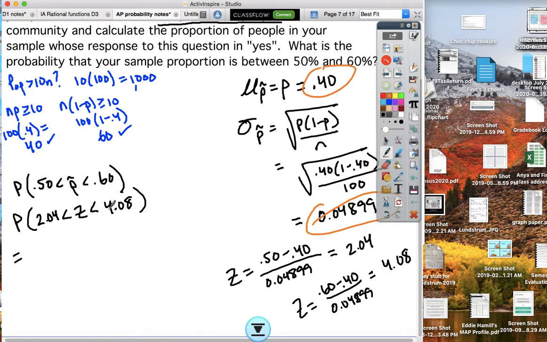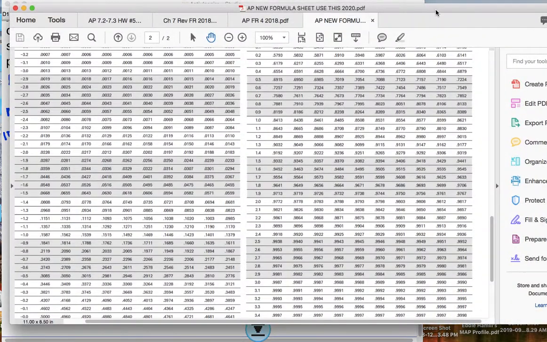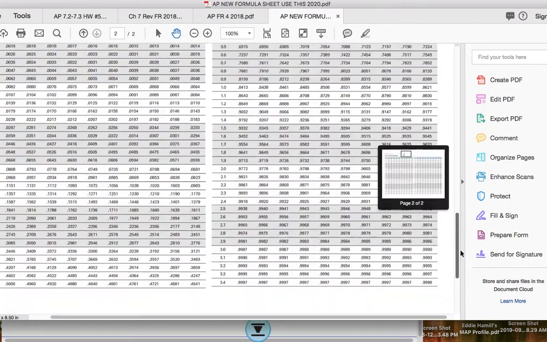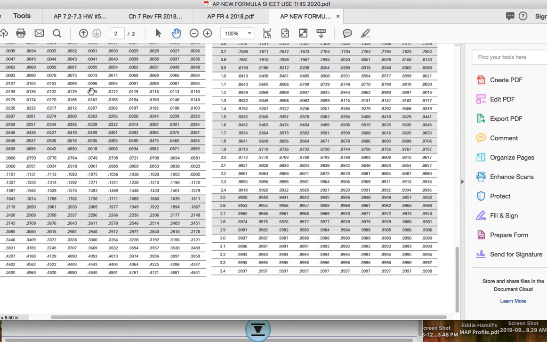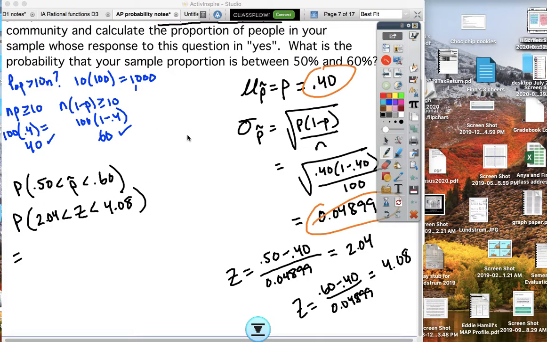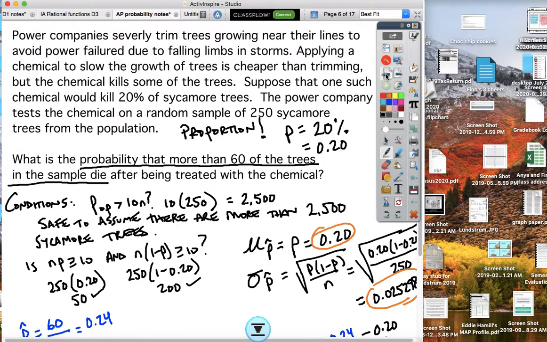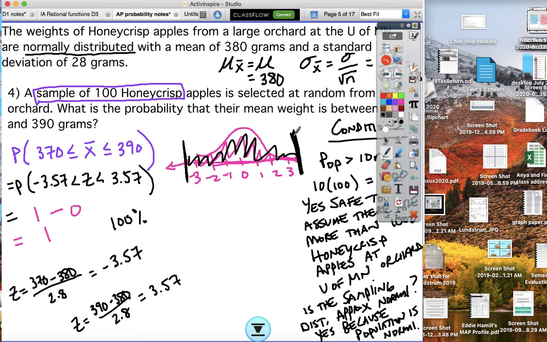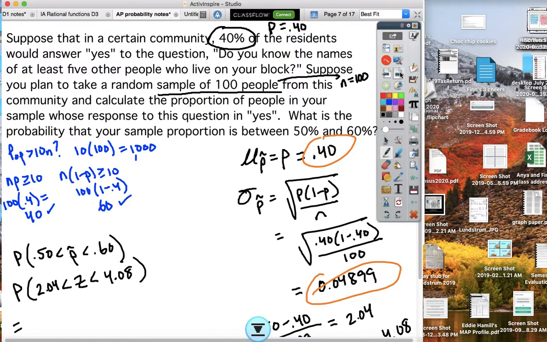Okay, now we look up the larger value first, but this is off the charts, because the highest it goes is 3.4. Again, like the problem from before when we were off the charts, if you're shading to the left, it's going to be 100%. Everything will be shaded in.